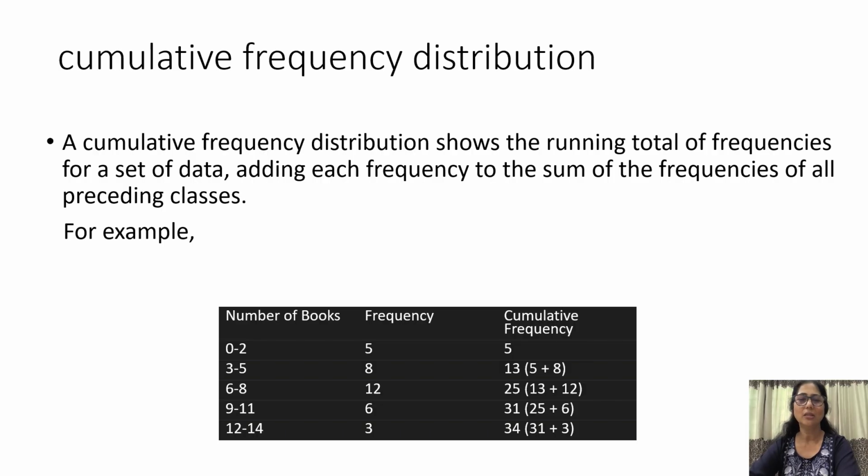And the cumulative frequency of the last class is the preceding cumulative frequency added to this class frequency, 31 plus 3, 34. If we add all the frequencies, the summation is again 34. So we can easily check whether the cumulative frequency distribution table is formed correctly or not. The last cumulative frequency is the addition of all the frequencies.